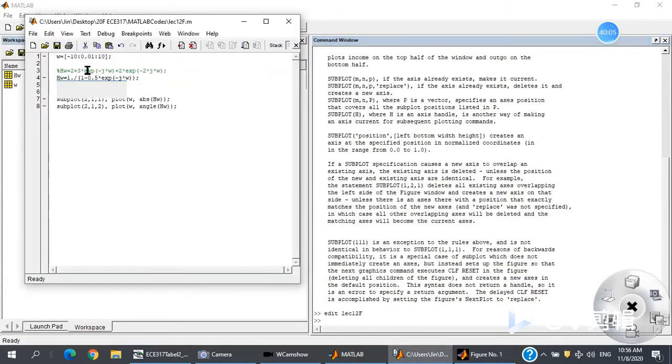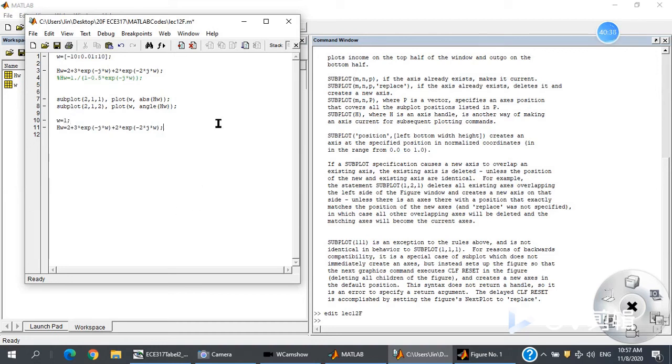Let me go back. I have this H(ω), where omega is not a vector running over the whole range. Now I just want omega equal to 1.